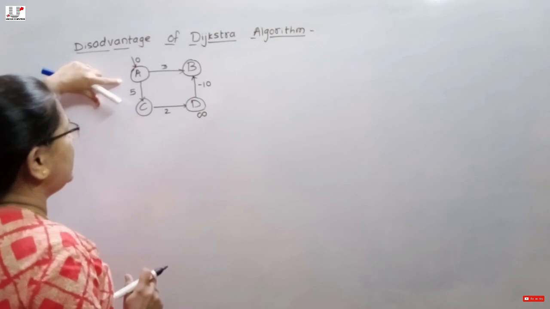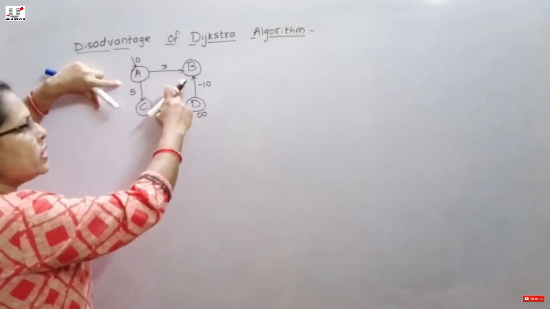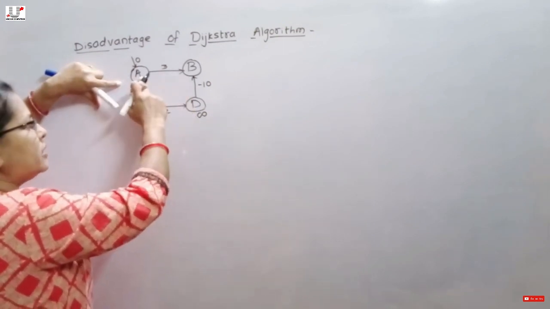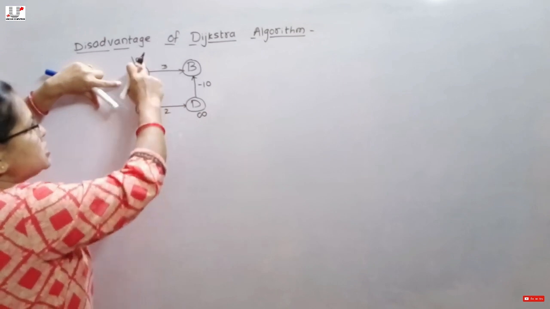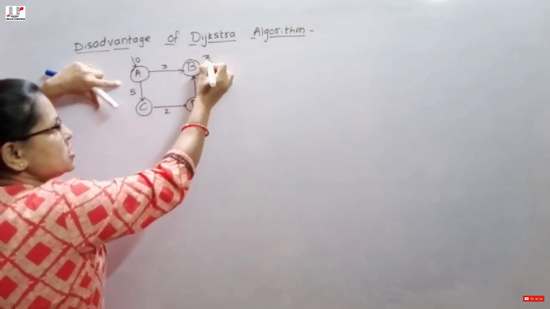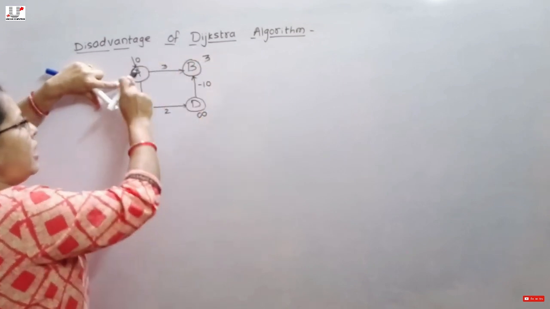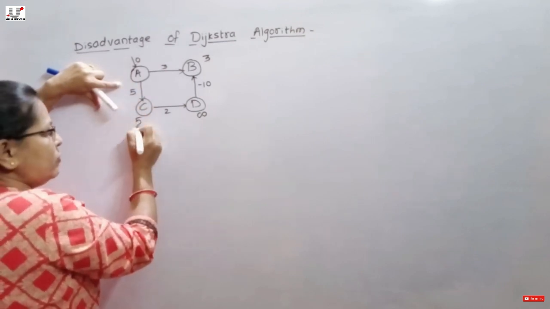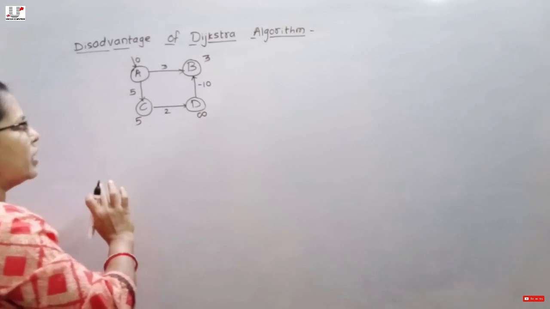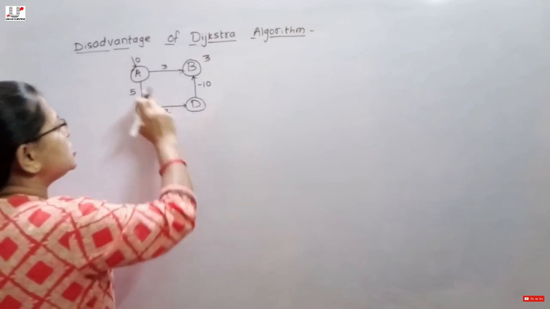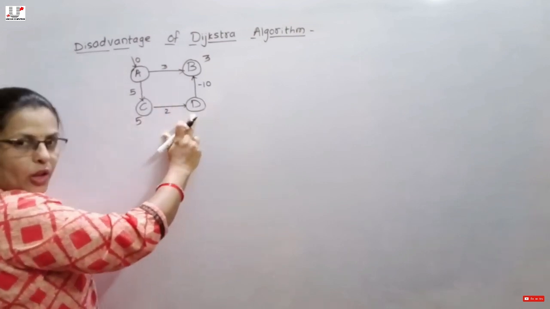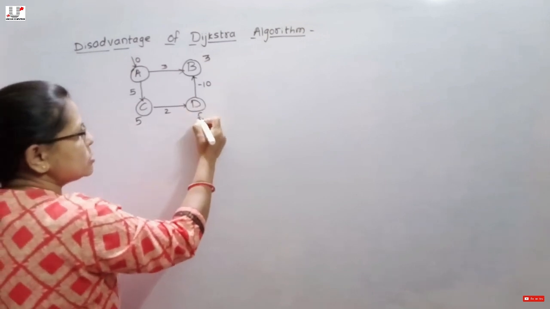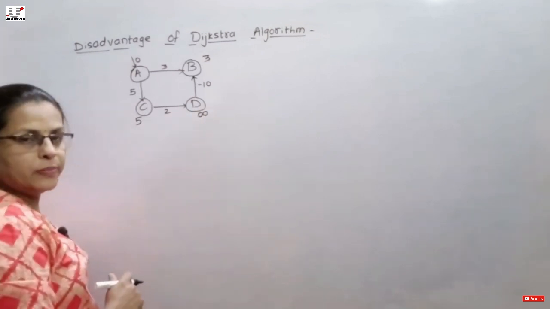From that A it has two outgoing edges, one from A to B and the next from A to C. So 0 plus 3, the distance from A to B is 3, and 0 plus 5, the distance from A to C is 5. Then as there is no direct edge to D, mark it as infinity.